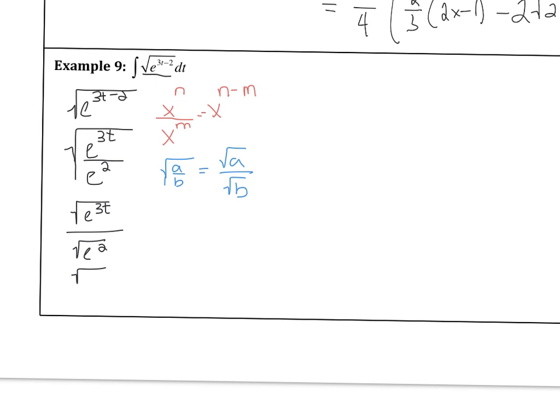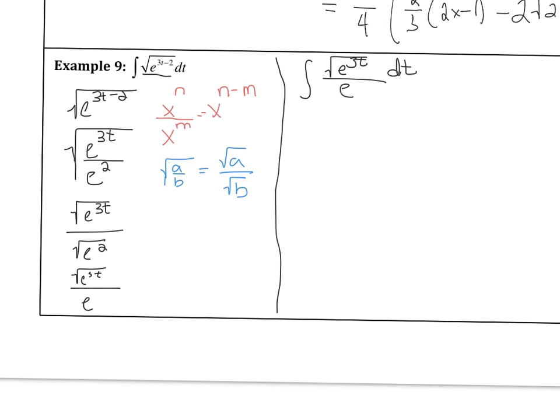That would leave us with root e to the 3t up top and just an e on bottom. So I am now going to start rewriting this integral. I have an integral, and I have the square root of e to the 3t all over e dt.